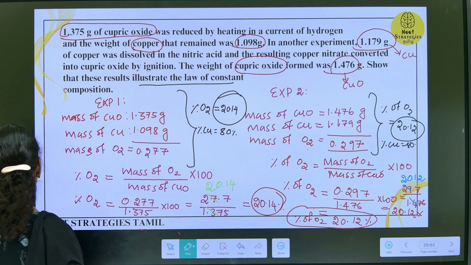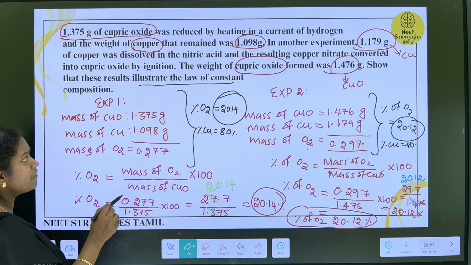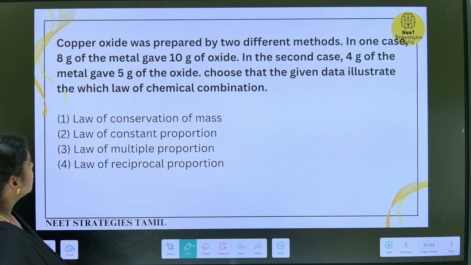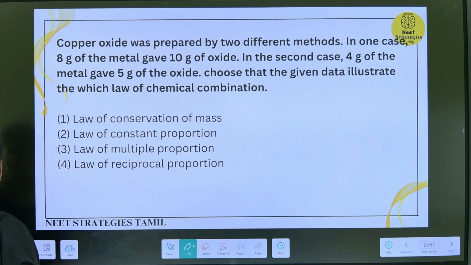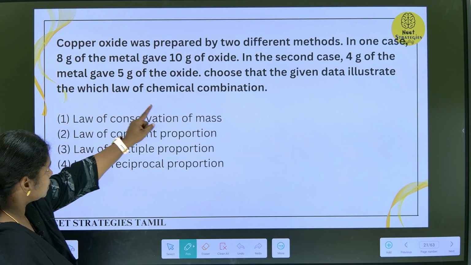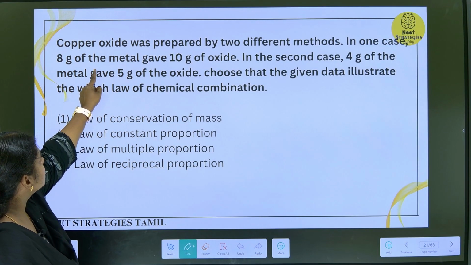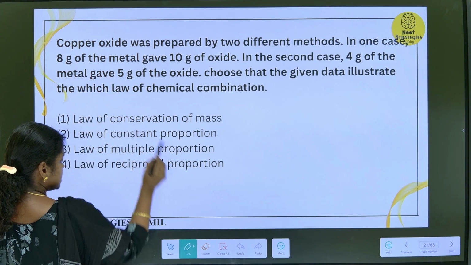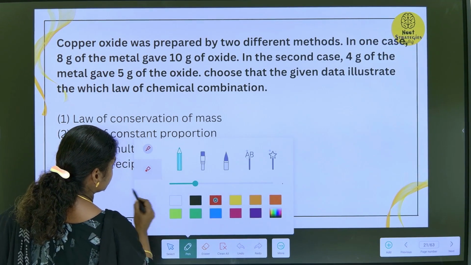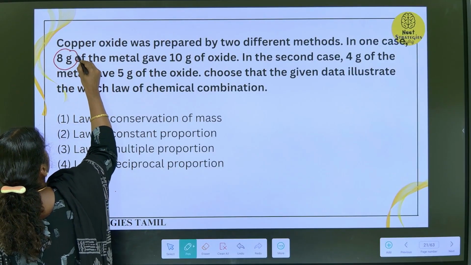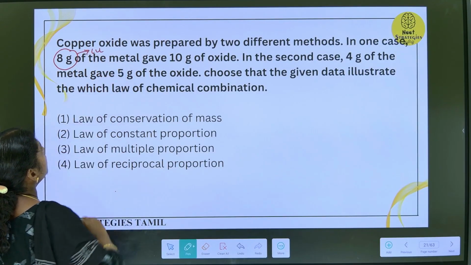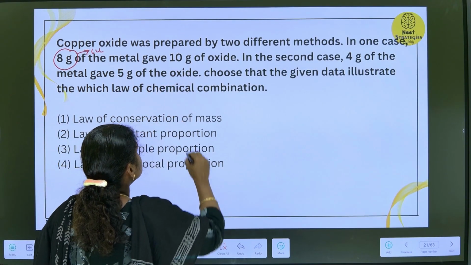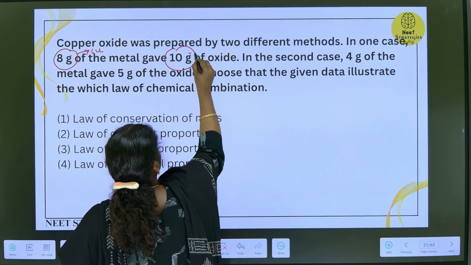Right, next one. They will ask problems like this in these combinations. Copper oxide was prepared by two different methods. In the first method, 8 gram of metal, that is 8 gram of copper, gave 10 gram of copper oxide.